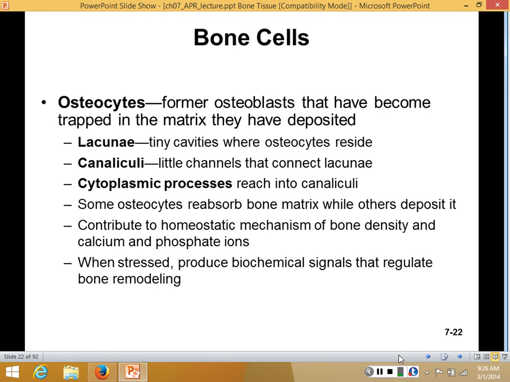So this is the greater trochanter right here. So right here, this is where all that stress is on the lateral aspect of it. Then you've got the head right here. You've got stress going down both sides. So the lateral part here, the proximal part here, this is where all the stress is placed. The bone has to adapt to all of that stress that's placed on it.